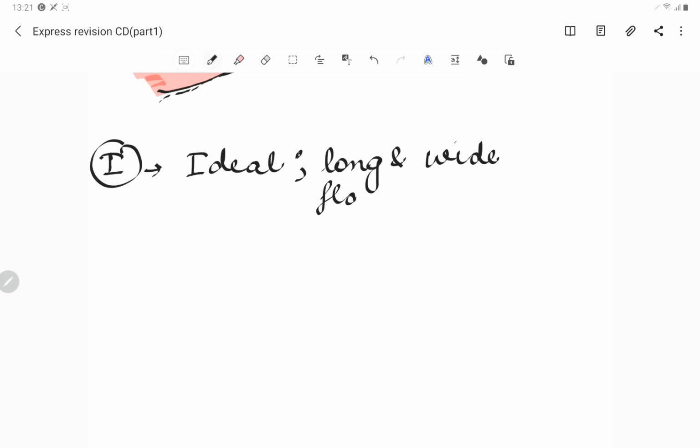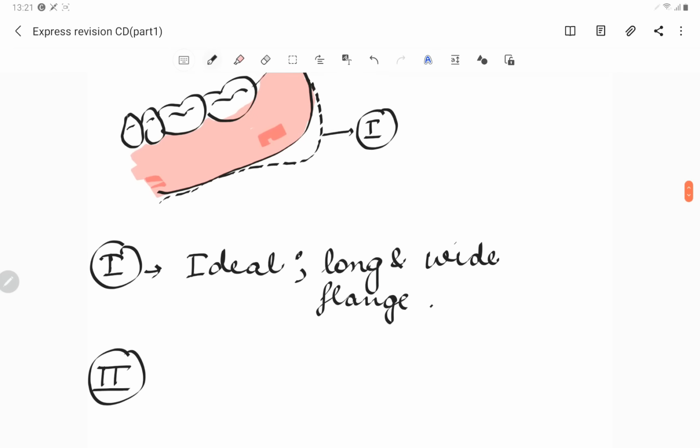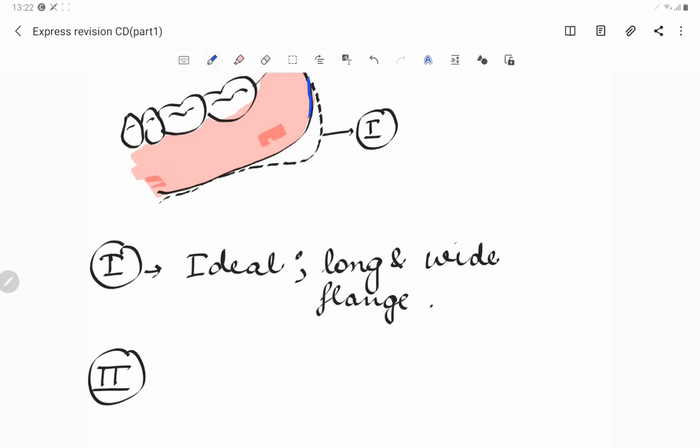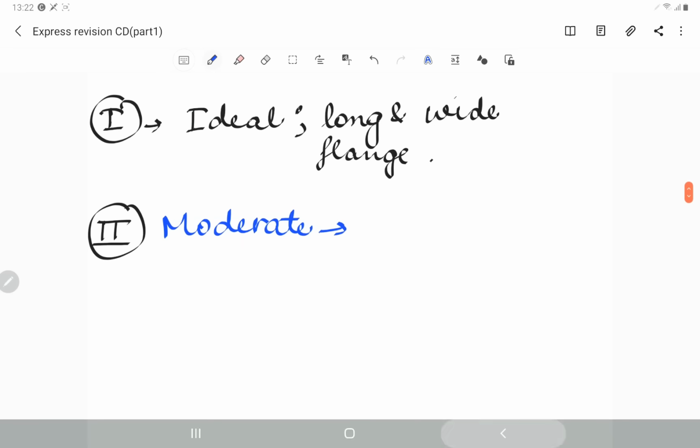Then we have class 2, which is the moderate one, half as long and wide as class 1 and twice as long and wide as class 3.